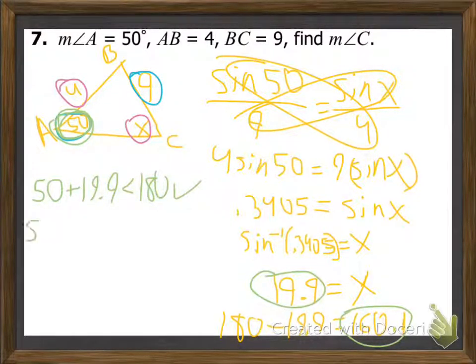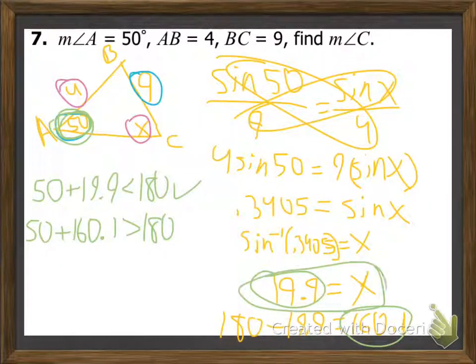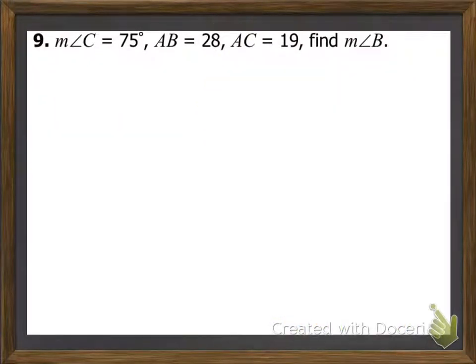So then do 50 plus 160.1, and that's going to be greater than 180. So therefore, it's not possible for 160.1 to be one of our potential angles. So the final answer is going to be 19.9. 160.1 is not an answer.